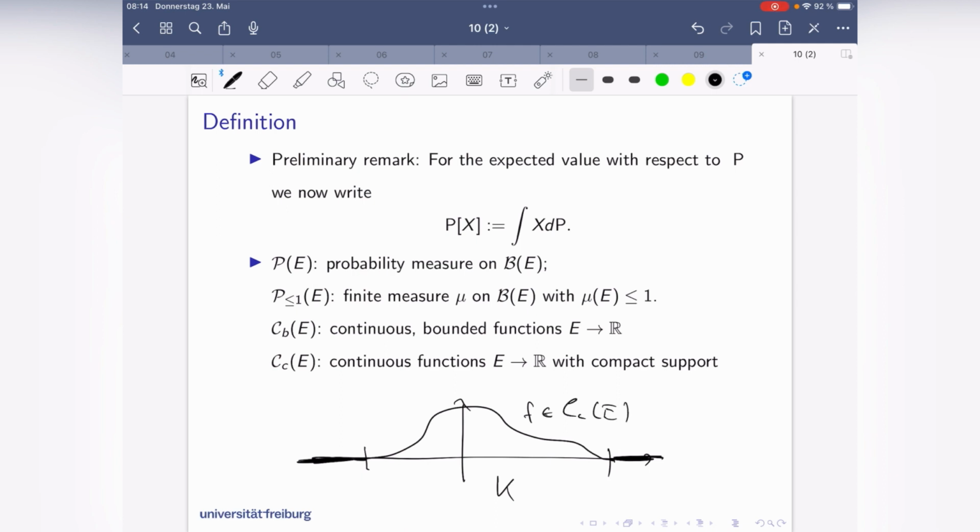And of course, it's continuous. It is also bounded, because when it's continuous and has compact support, it is bounded, since on a compact set all continuous functions are bounded. So that's a subset of C_b(E).